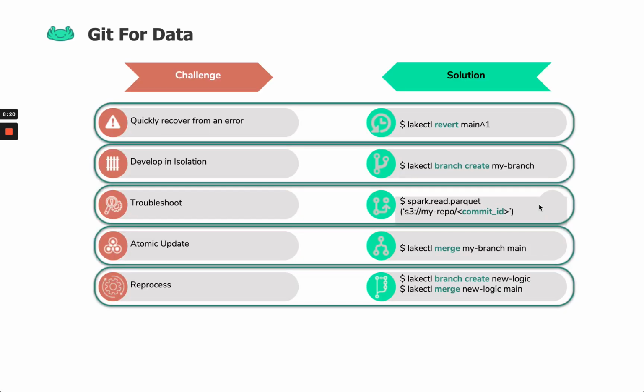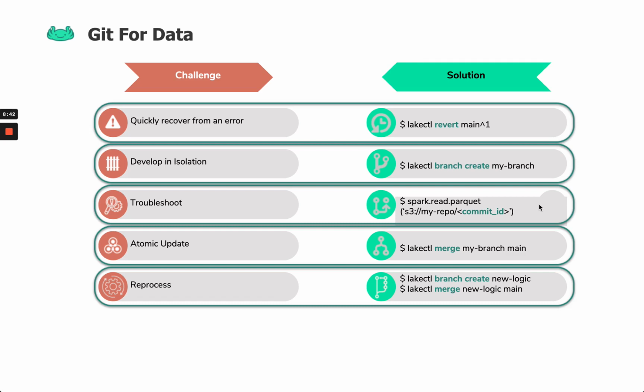Taking it another step into the Git for data approach that enables me later to build a CI/CD for data is I want to be able to revert to a specific version, right? I want to be able to develop in isolation. I want to have my own staging, my own development environment, like the great questions that we just got.